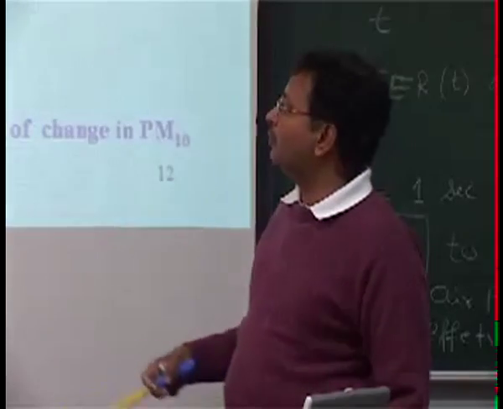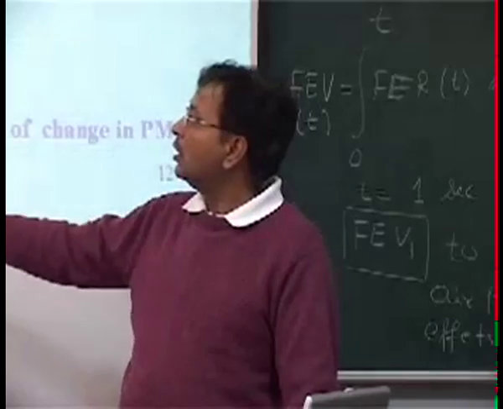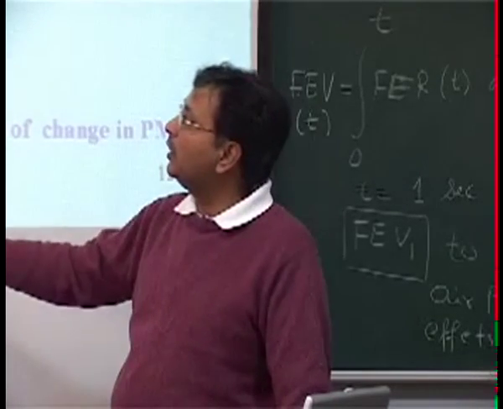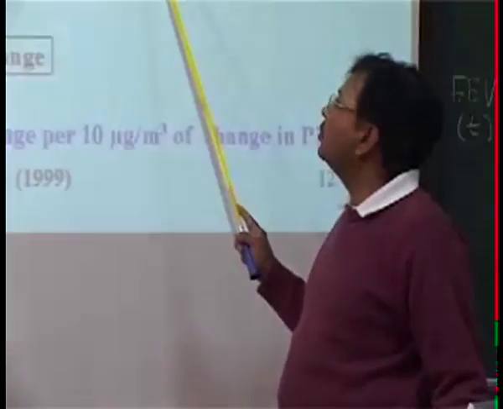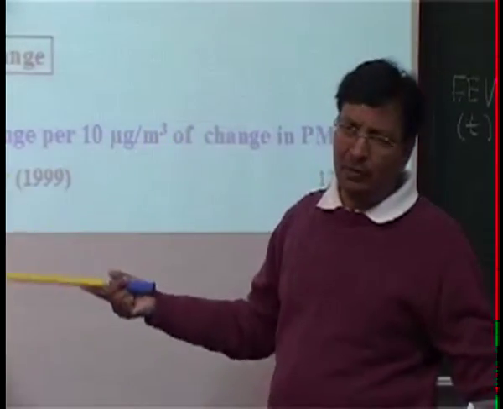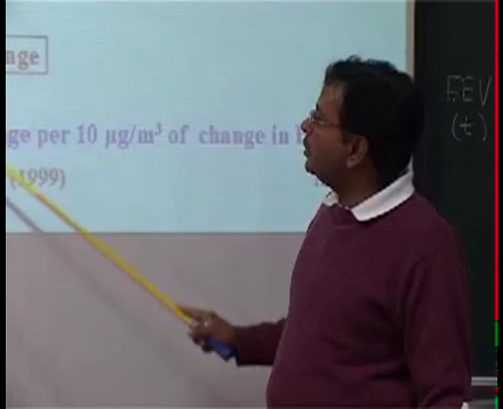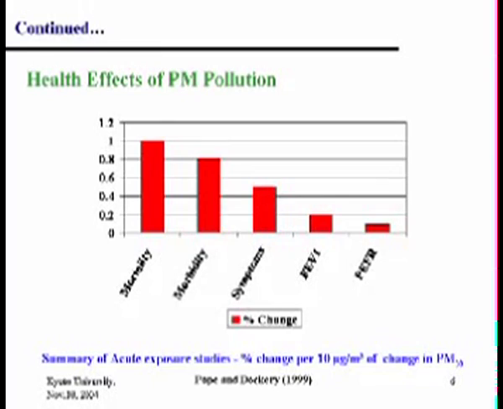There is some data which we didn't want to show in the beginning: the percentage change in mortality. Zero is the normal death rate, but what is the change because of particulate matter pollution? In some acute exposure studies, this is the percentage change per 10 micrograms per meter cube of PM10, a study by Pope and Dockery.